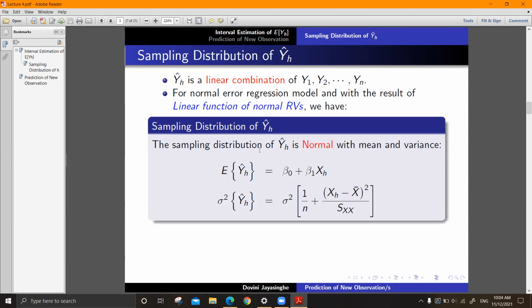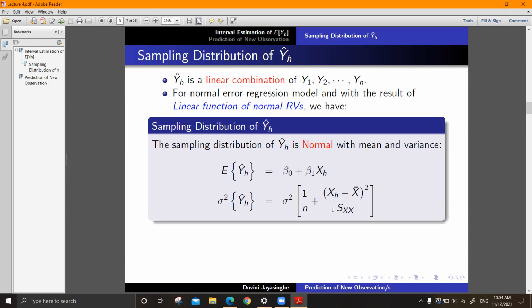The sampling distribution of this Yh hat, or the expected value of the new observation, or the mean response, is normal with this mean and this variance. Whenever we are talking about a normal distribution, we always have to determine the mean and the variance.